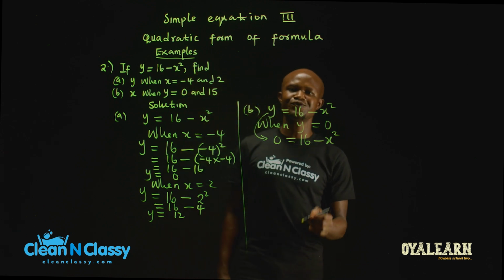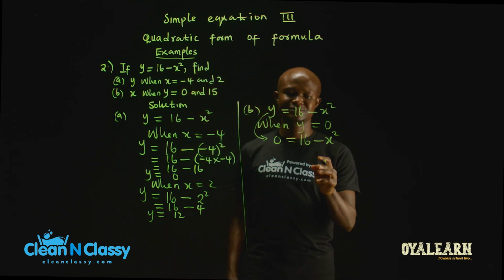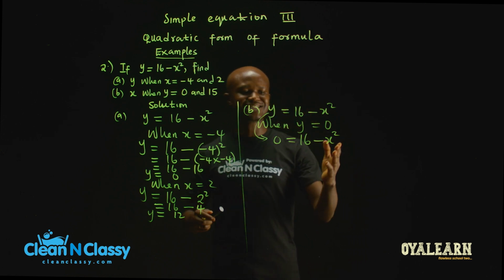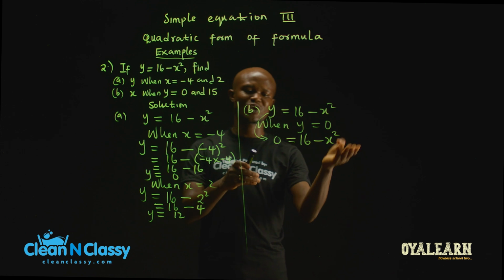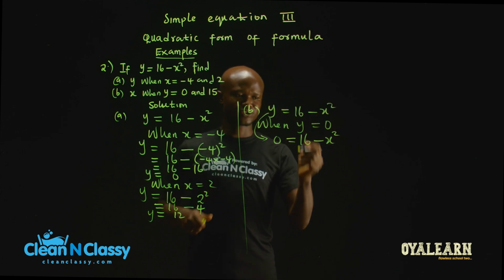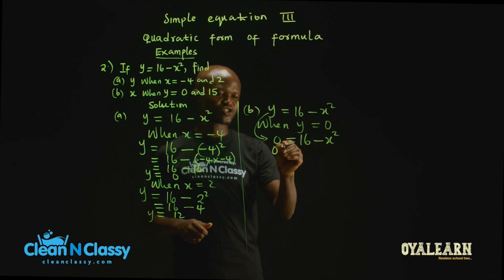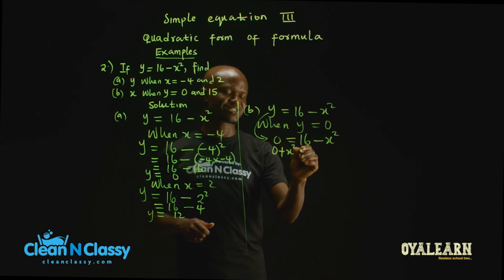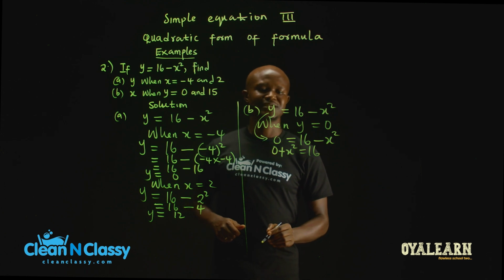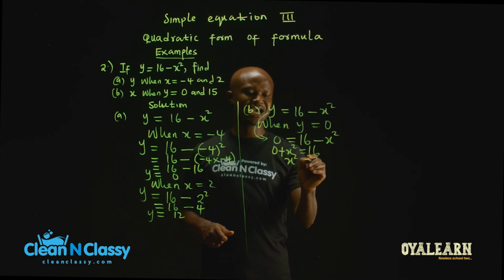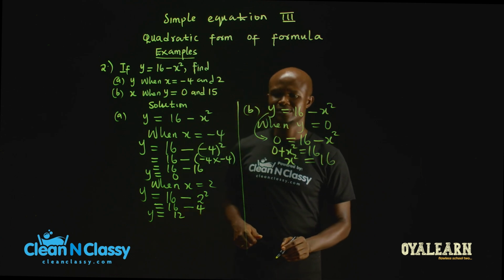Now, the next thing for us to do is to collect the like terms. Instead, let's move minus x squared to the left. If we move minus x squared to the left, what are we having? 0 plus x squared equals 16. Then 0 plus x squared, we have x squared. So x squared equals 16.